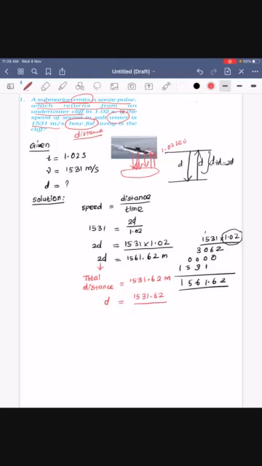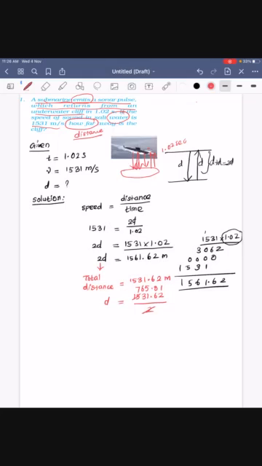1531.62 divided by 2. Okay, 1531.62 divided by 2. So just divide it. 1 2s are 2, 7 2s are 14, and the remaining 1; 6 2s are 12, and the remaining 1; 5 2s are 10; 8 2s are 16; 1 2s are 2.